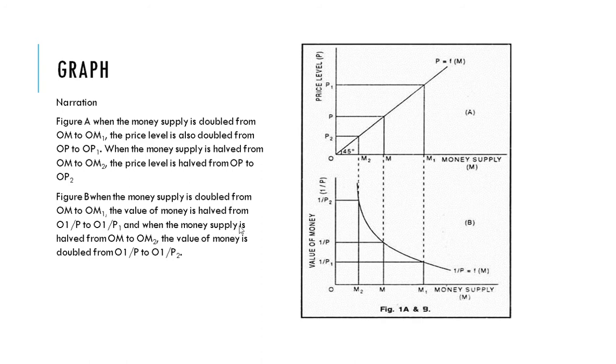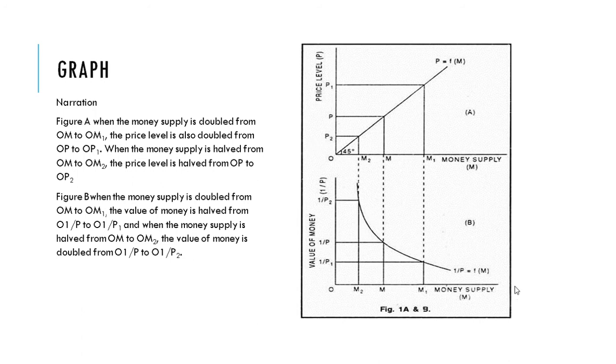And when the money supply is halved from OM to OM2, what happens? The value of money, from O1 over B to O1 over B2, doubles.